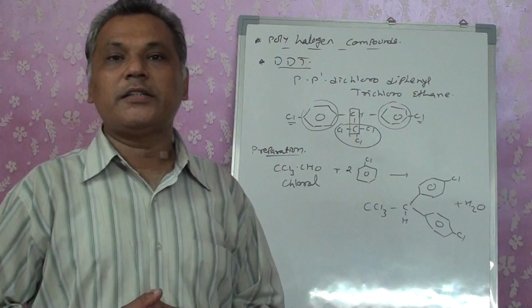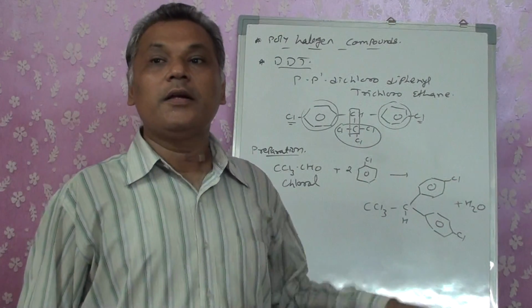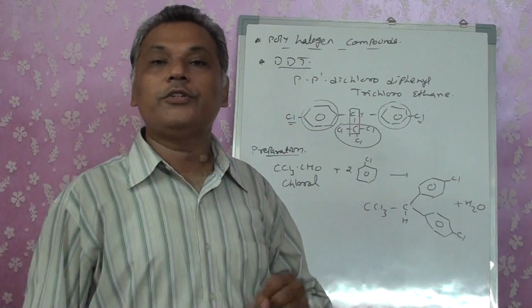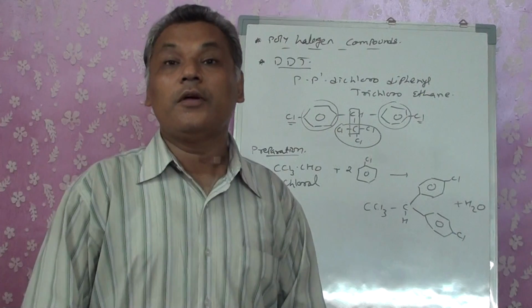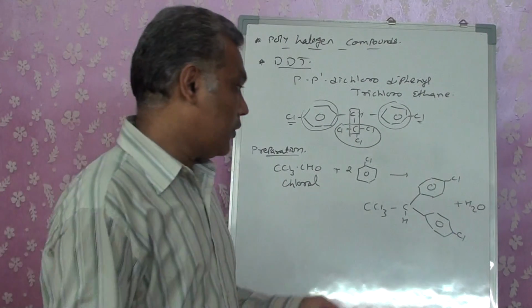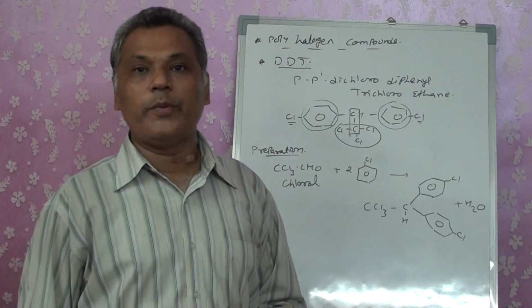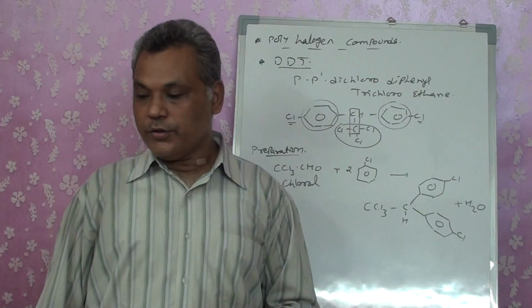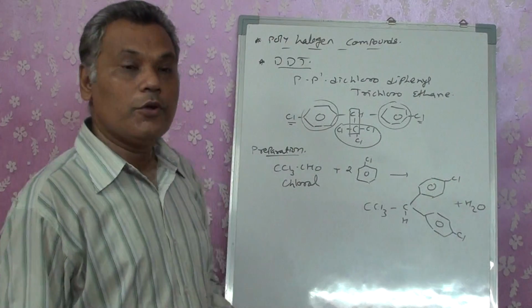It takes hundreds and thousands of years to decompose. And it is harmful not only to human life, it is also harmful to aquatic life and the animal kingdom. Therefore, later on, it was declared throughout the world that the use of this compound should be stopped, right?